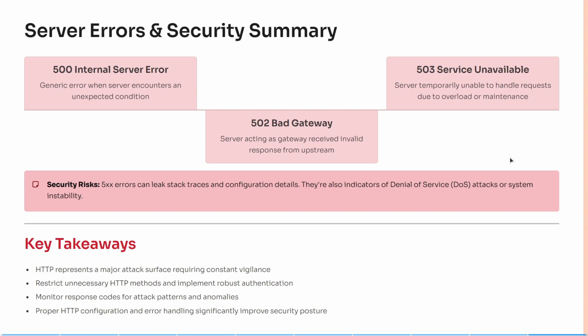Server temporarily unable to handle requests due to overload or maintenance. Security risks: 5xx errors can leak stack traces and configuration details. They are also indicators of denial of service attacks or system instability. To stay secure, systems should limit HTTP methods, validate input, and monitor response codes.